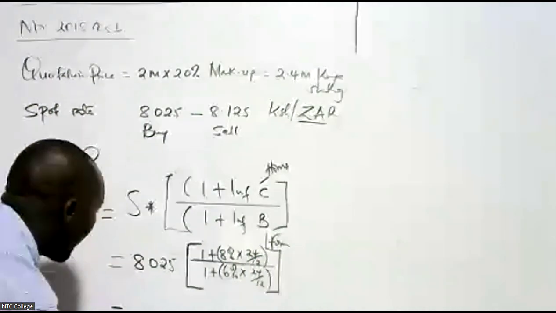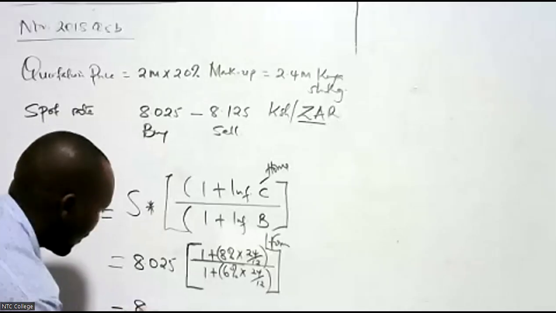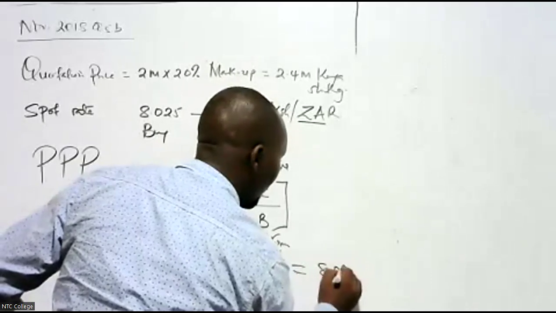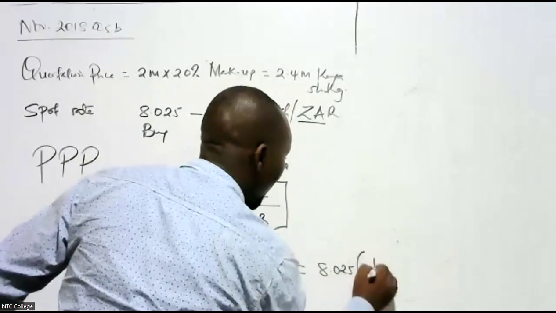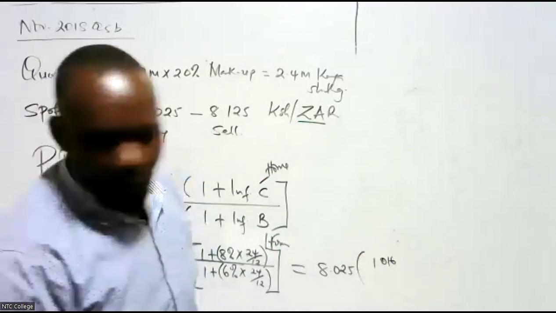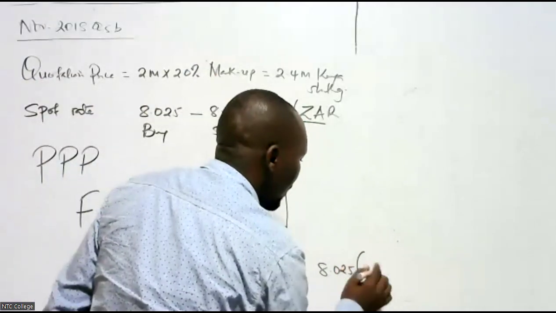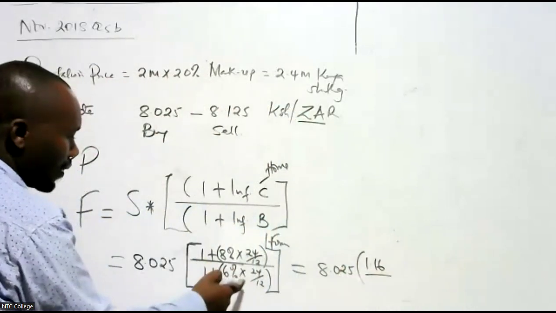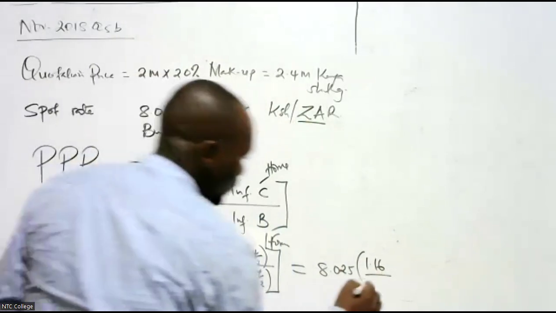Hii sasa naona hii inakaa 0. Ama niweke hapa. This one is going to be 8.25 into 1.016. Should like that? No. It is 1.16 all over. This one is this plus this, that is 1.12.